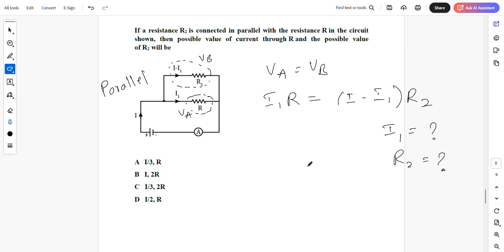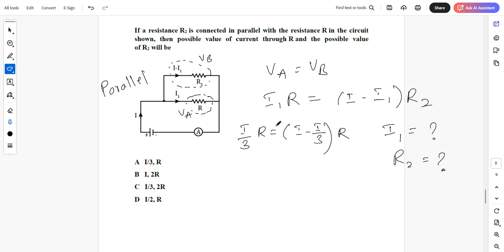Now how to calculate this? See the options. For example, if I take I1 as I by 3, then I by 3 into R is equal to (I minus I by 3) into R2, taking R2 as given in the option.